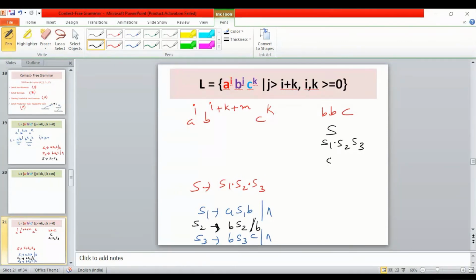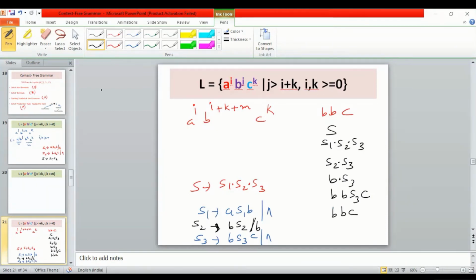For S1 we'll put null. We have S2 and S3. Now from S2 we'll write B, and we have S3. From S3 we'll write B S3 C, and finally we'll put null for S3. So we are getting BBC.